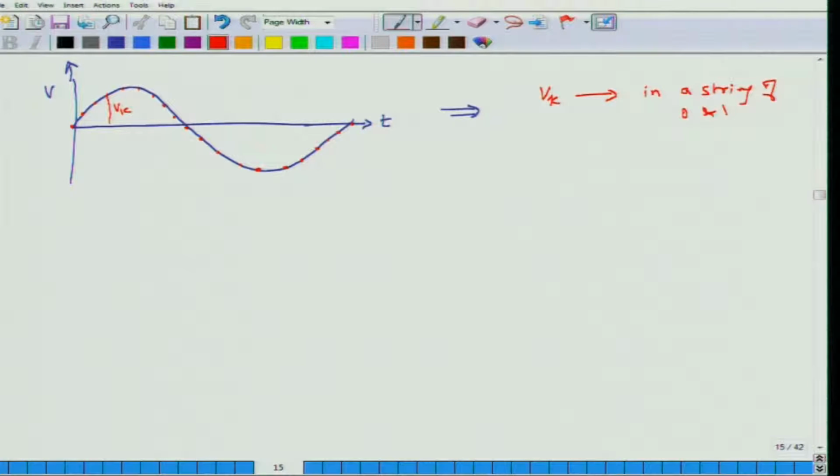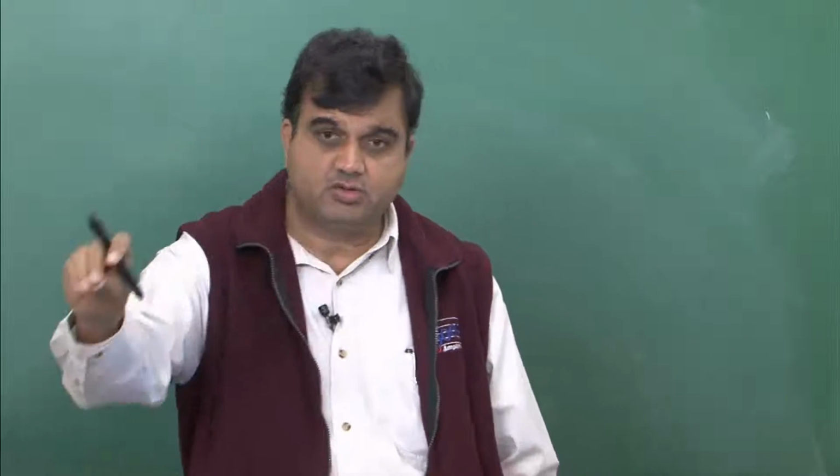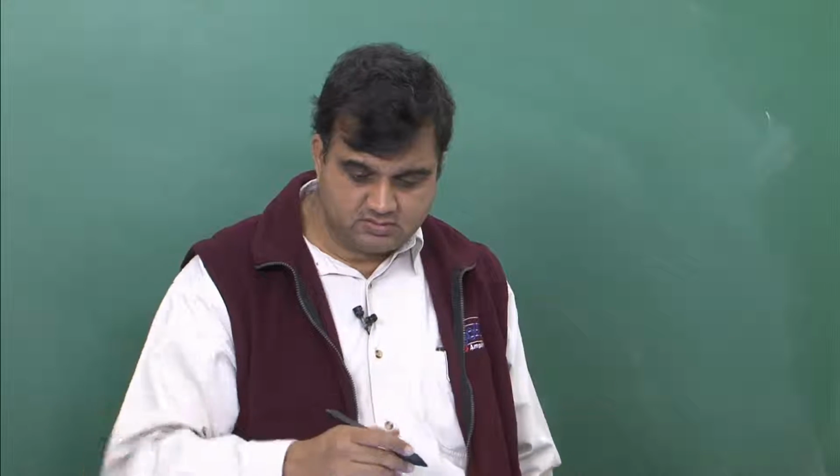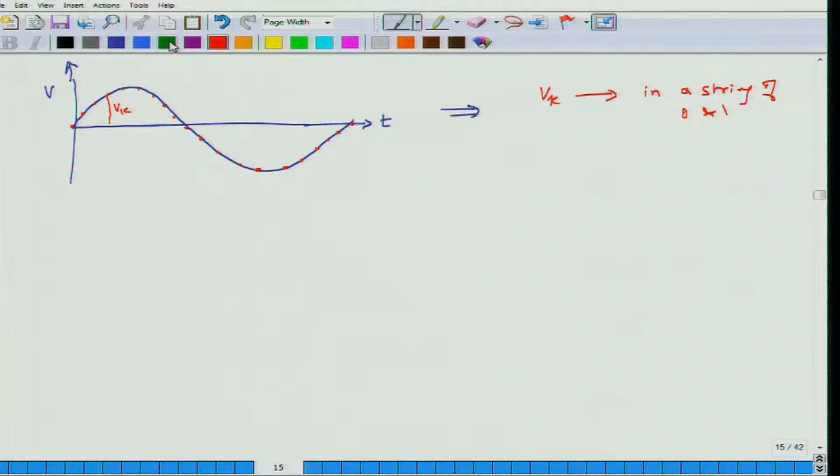So, first it will measure Vk at different points, and then corresponding to each value of Vk it will send out a string of 0 and 1s. That is what it does. Okay. Now, these A to D converters have several specification parameters, but one very important parameter is called number of bits.